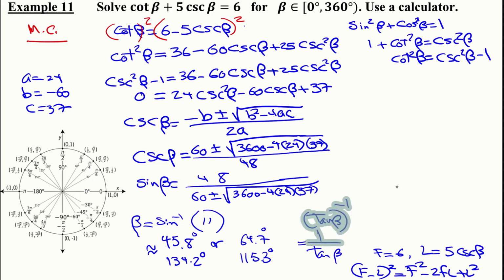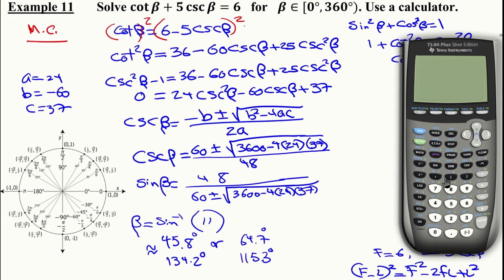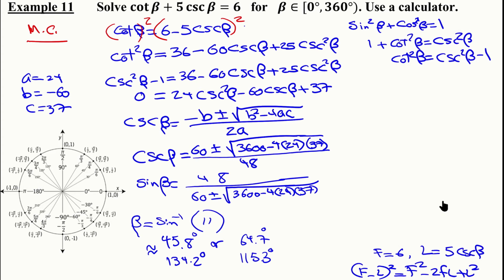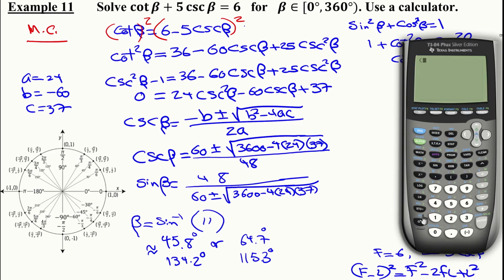So we're going to be entering it in that way. So let's go ahead and get to work on that. We're going to open parentheses, and then we're going to put 1 over tangent of 45.8. That's the first one we'll check.